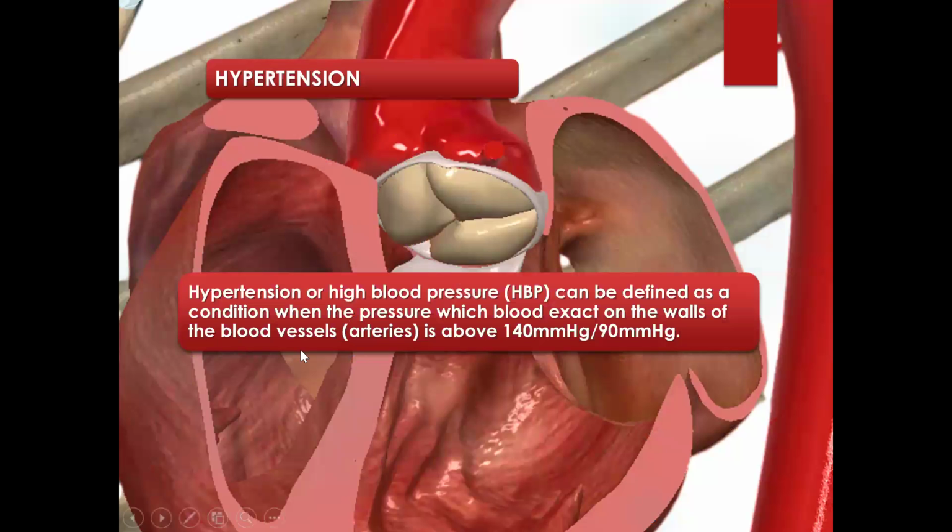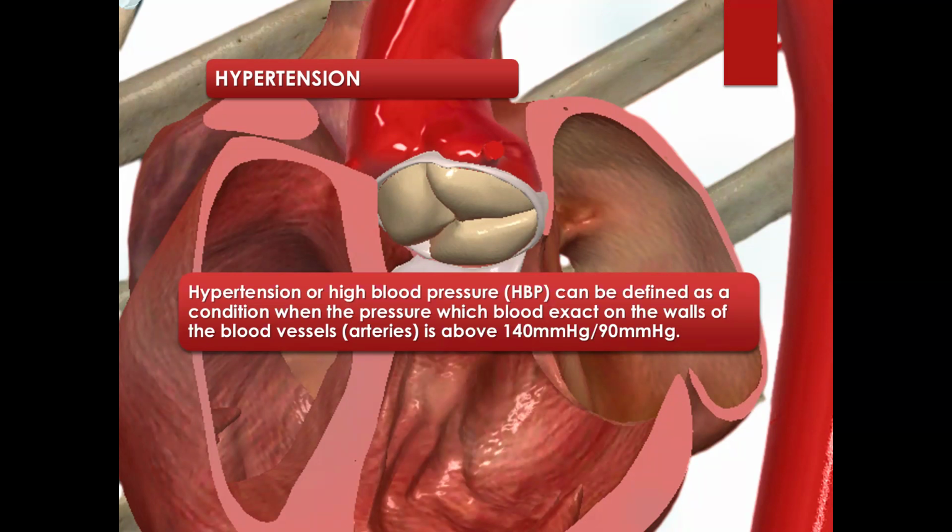What is hypertension? Hypertension or high blood pressure can be defined as a condition when the pressure which blood exerts on the walls of these blood vessels, especially the arteries, is above 140 millimeter mercury systole and 90 millimeter mercury diastole.